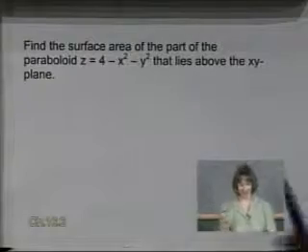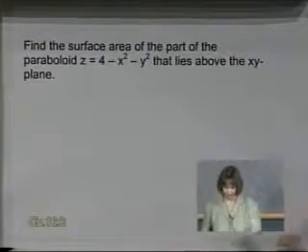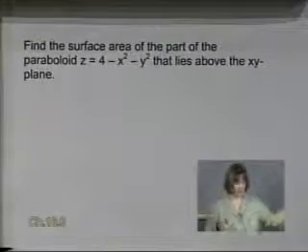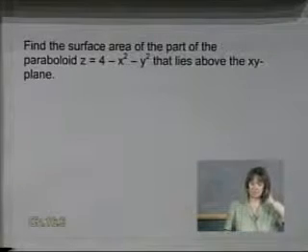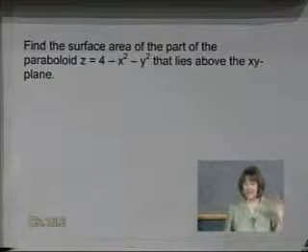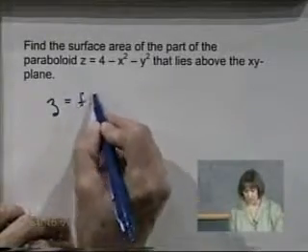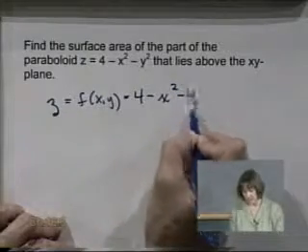Okay, me too. All right, I love this one, so let's do it. Find the surface area of the part of the paraboloid z equals 4 minus x squared minus y squared that lies above the xy plane. The reason I like this problem: my z, which is my f of x, y, is 4 minus x squared minus y squared.